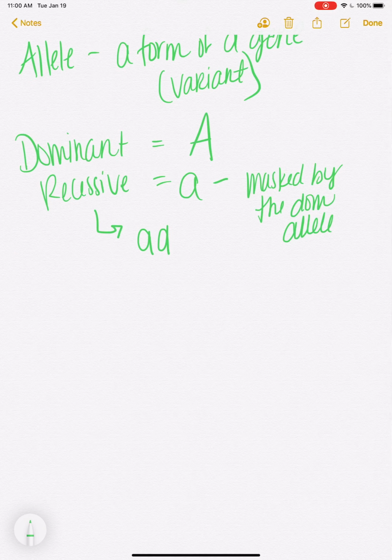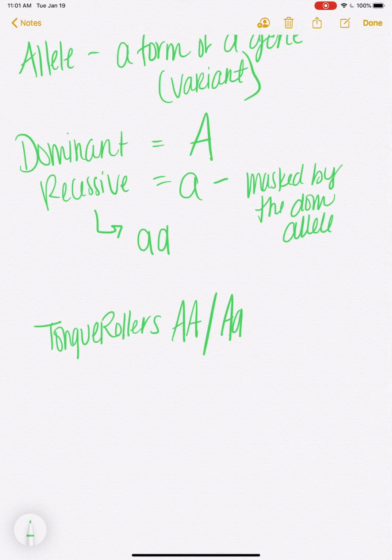I can roll my tongue. Because tongue rolling is a dominant trait, tongue rollers are big A, big A or big A, little a. Non-rollers are little a, little a. They have to have two copies of the recessive allele to display the non-rolling trait.